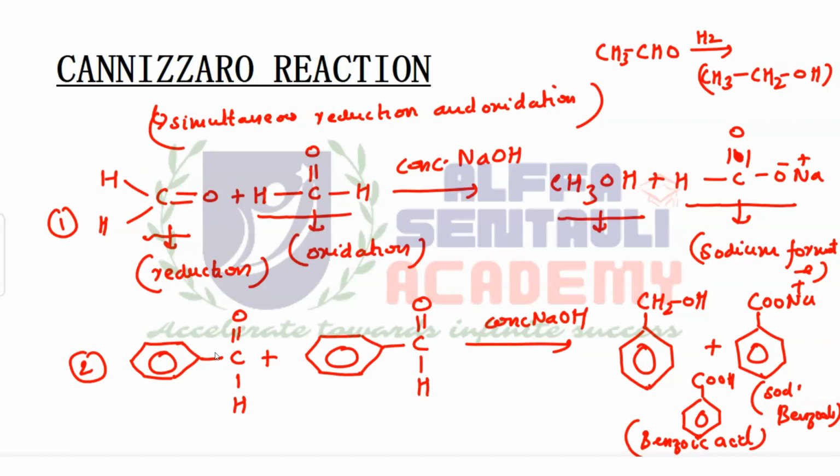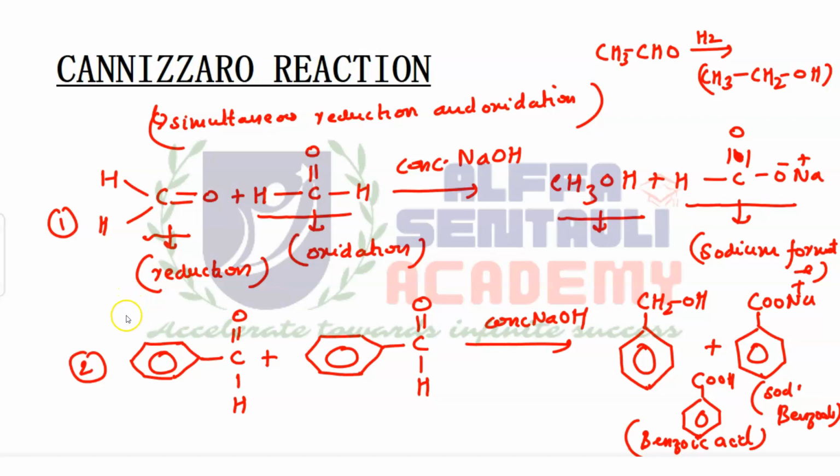The answer to this question is very simple. The bigger molecule will undergo reduction and the smaller molecule will undergo oxidation. You have to keep this in mind when doing cross Cannizzaro reaction.